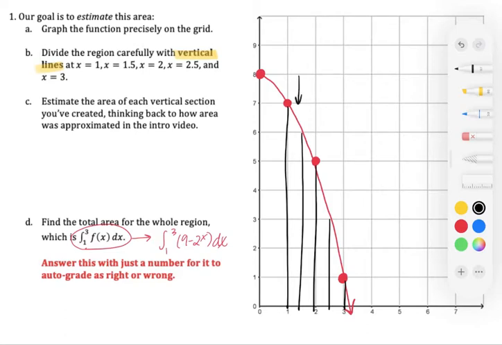This is section 1, vertical section 2, vertical section 3, and vertical section 4 that take us from x equals 1 all the way to x equals 3. Why are we just going from 1 to 3? Well, our integral says just from 1 up to 3.